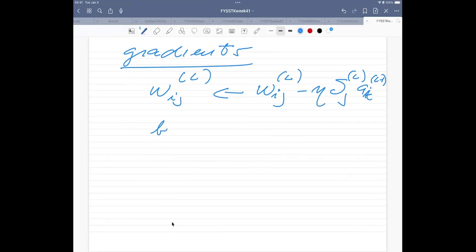And then I would have my Bj of L, which gets updated with the previous iteration minus eta times delta J of L. So let's do the final step.